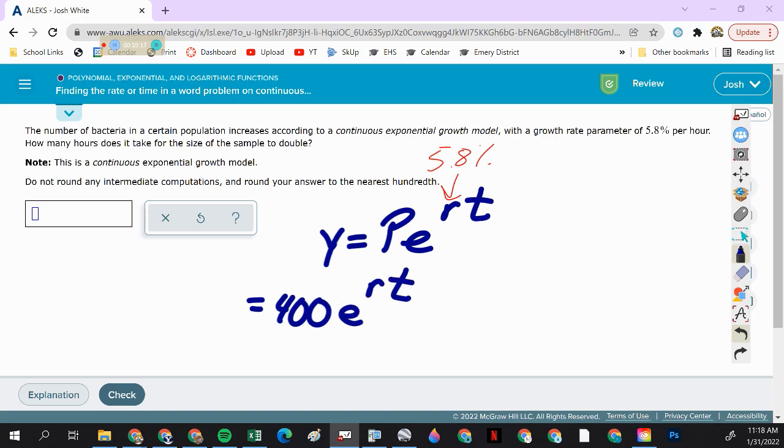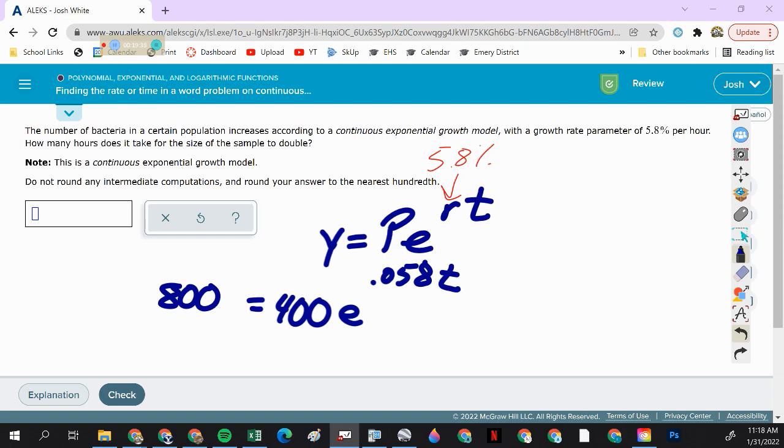How many would I end with? Oh, it's not rt. Sorry, it's going to be 0.058t. And I would end with 800. Are 400 bacteria going to double any faster than, say, 7 bacteria? No, the double is going to be double no matter what.